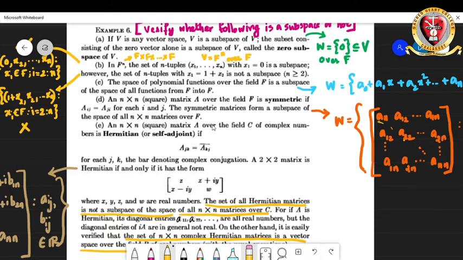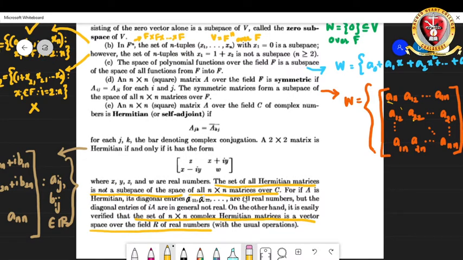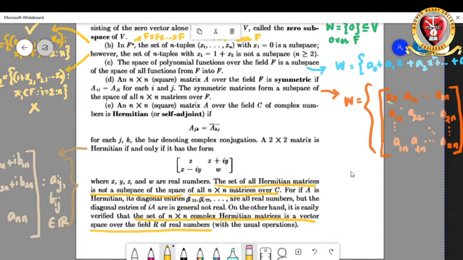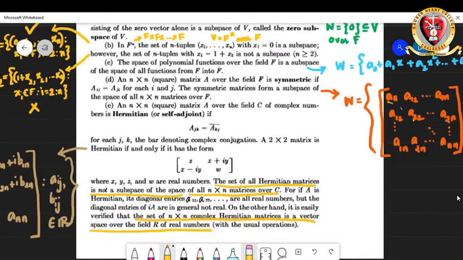In earlier classes, while we were dealing with Hermitian matrices, you might have noted that the diagonal entries of a Hermitian matrix are real, because we are transposing and equating it with the conjugate. So then the imaginary part should be 0.